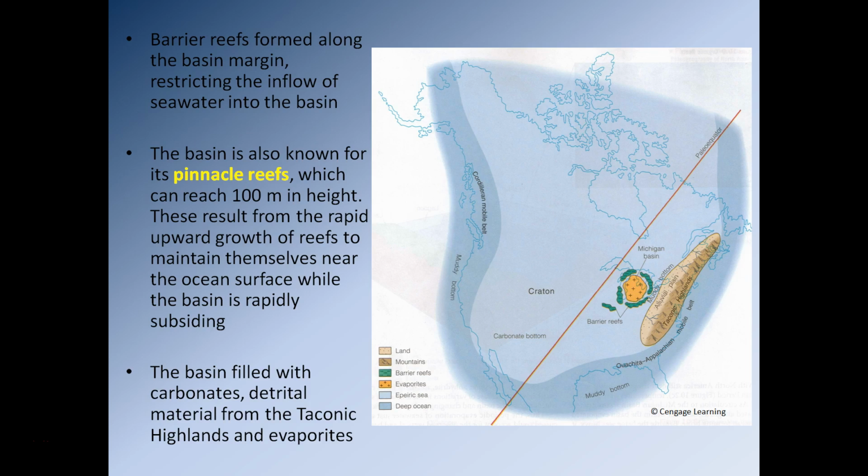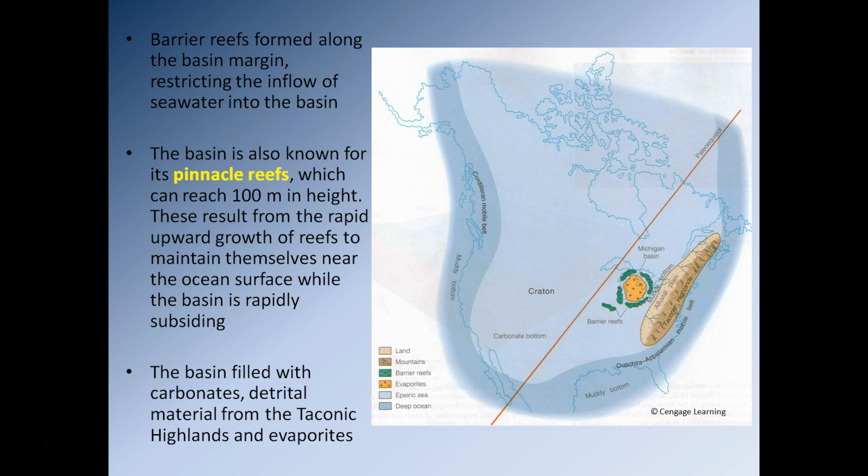This means that the reefs within the basin, which typically need to keep themselves within about 200 meters of the surface of the sea, had to grow upwards as the seafloor subsided in order to stay within this 200 meter limit.